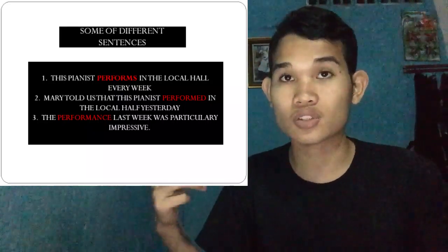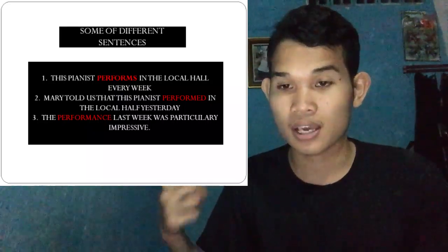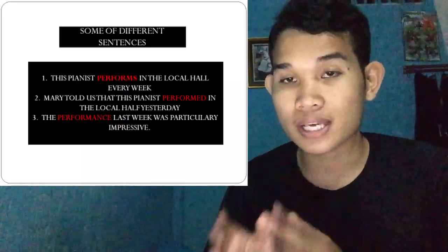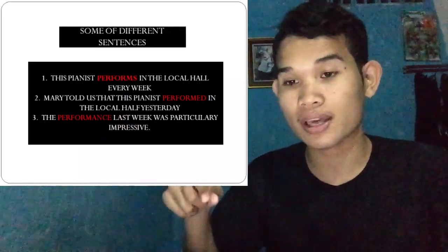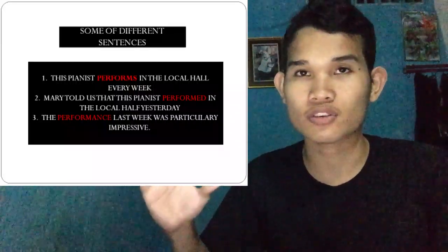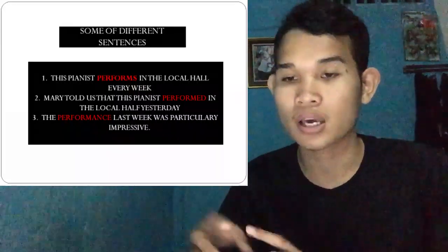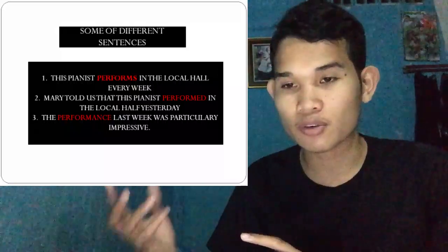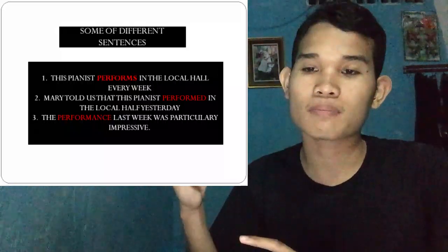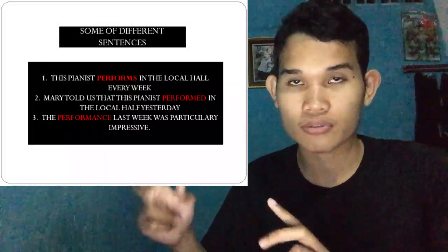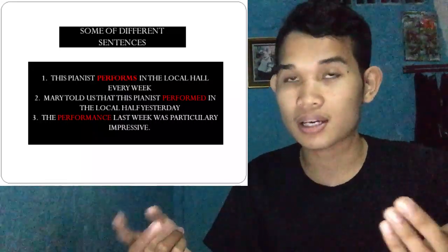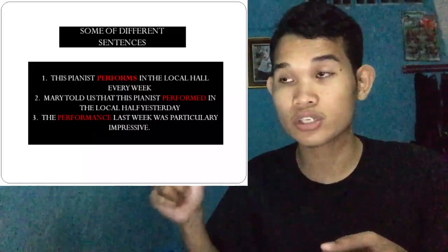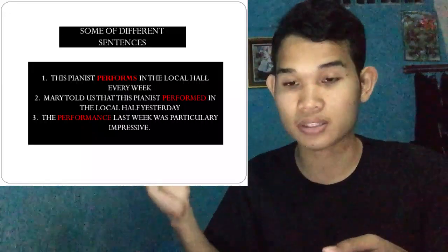It means it already happened in the past. If you focus on sentence number 2, you will see the word yesterday, which is the time it happened. So it's clear why performed is used, because it already happened yesterday, in the past.